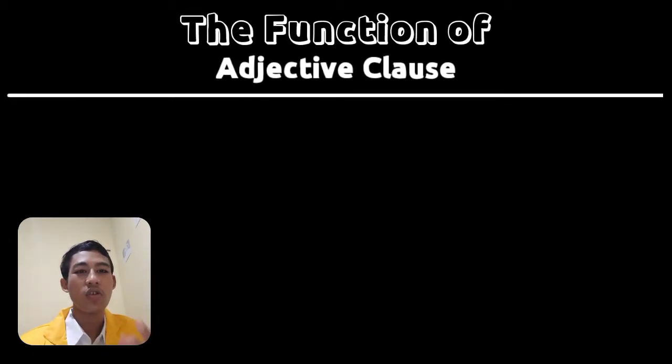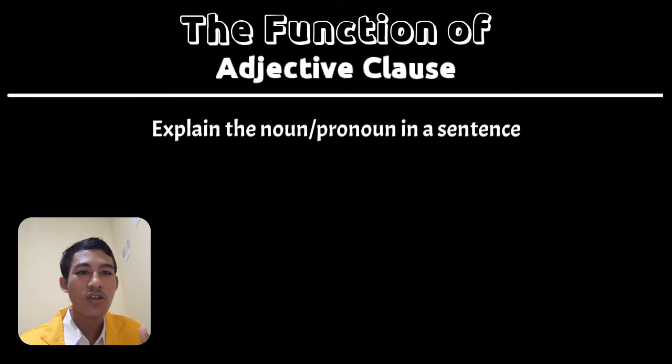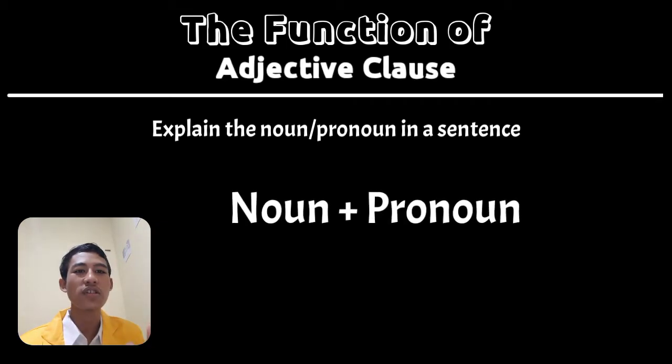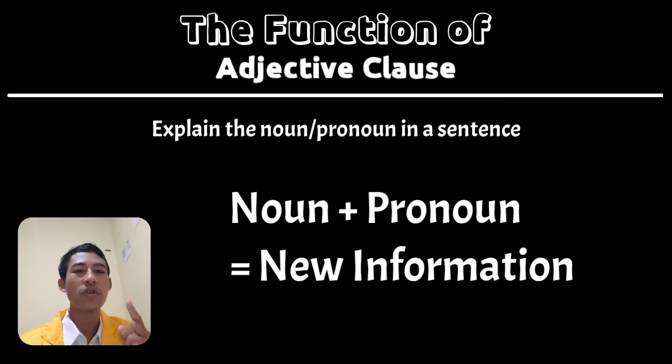Next, the function of adjective clause. Adjective or relative clause serves to explain the noun or pronoun in a sentence. This clause cannot stand alone. It must be accompanied by a noun or pronoun to form new information.